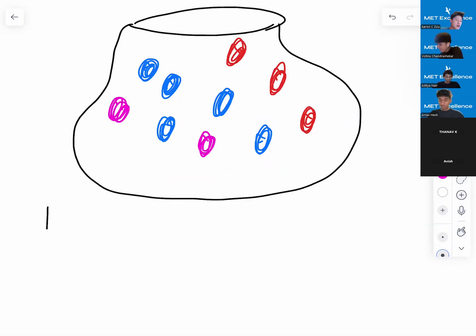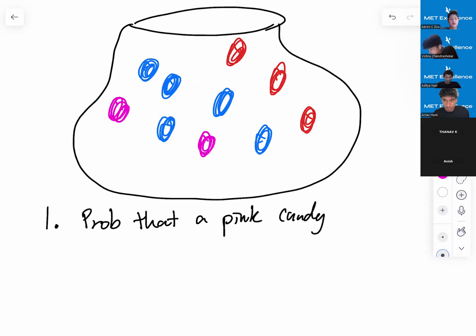So let me ask you a question here. Let's say I go to the Halloween party and I tell my friend, okay, you can just reach your hand into my bag without looking and grab one piece of candy. So what's the probability that my friend will pick a pink candy? Go ahead and put your answer in the chat.